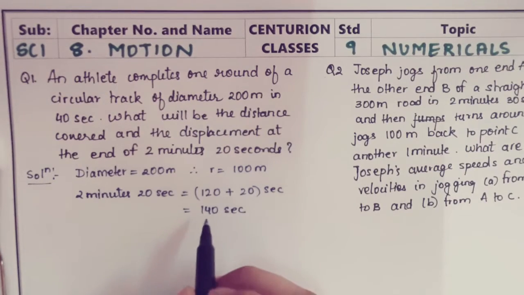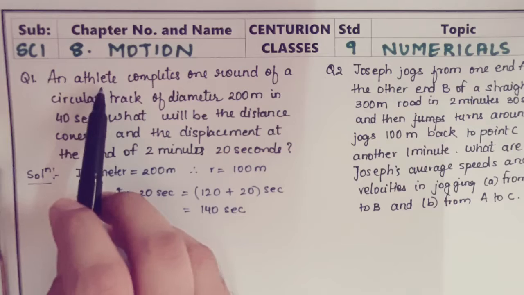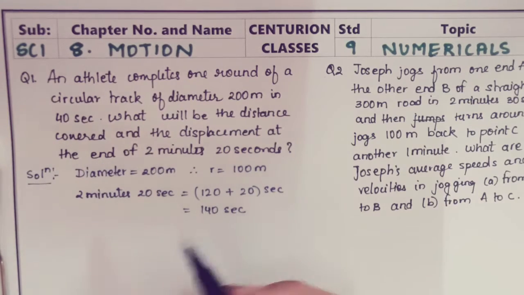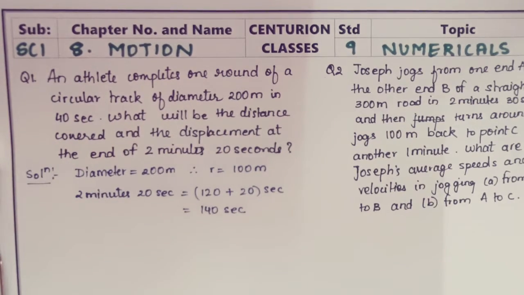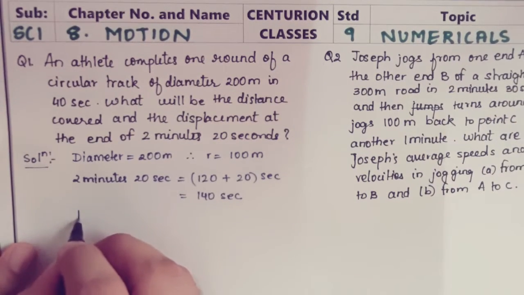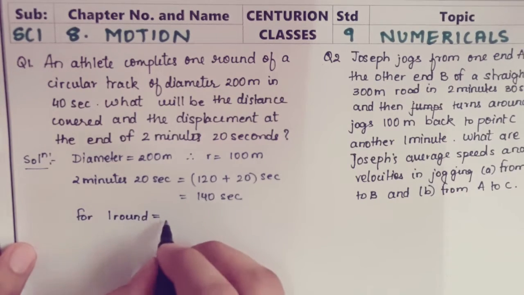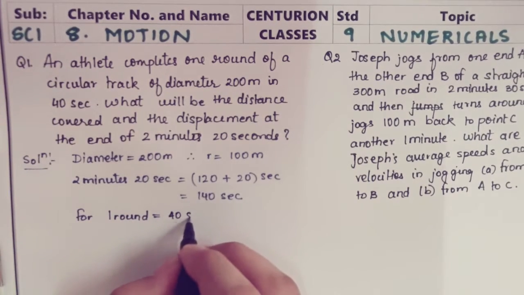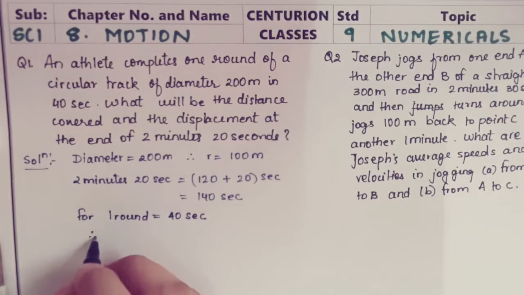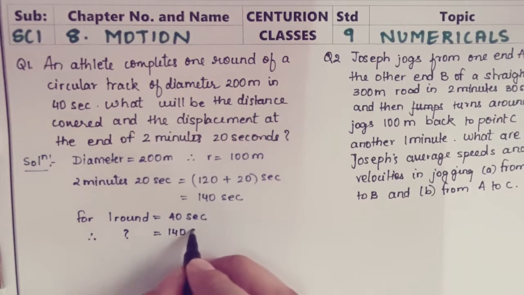So basically we need to calculate what is the distance covered by an athlete in 140 seconds. So this we can solve by unitary method. For one round an athlete takes 40 seconds. Therefore how many rounds will be completed in 140 seconds?